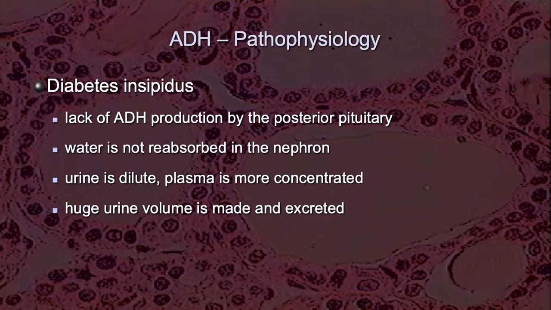Her mom is a carrier for diabetes insipidus. It's an X-linked trait. So two of her brothers have diabetes insipidus. They're just born with it. So they have to be really careful, make sure they're well hydrated. They just carry water around with them at all times.